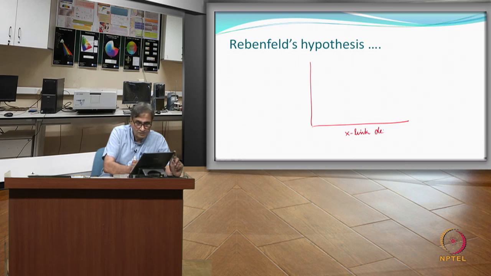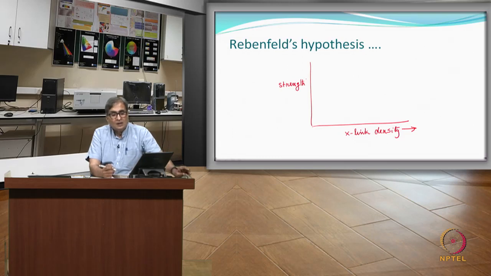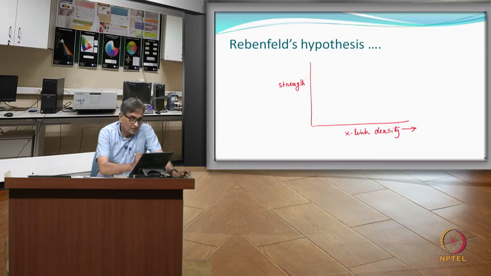If we plot crosslink density on one side and measure the strength, it does not follow the normal logical sequence, it goes through a maximum.